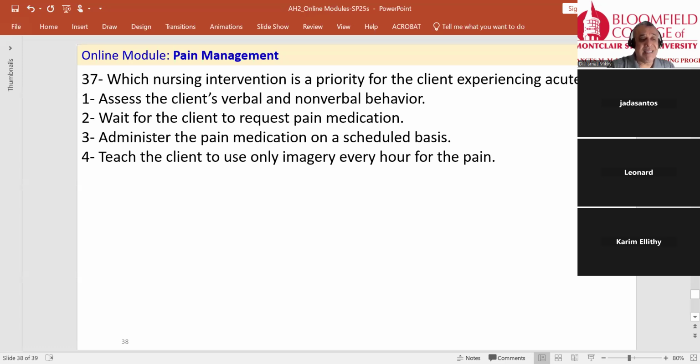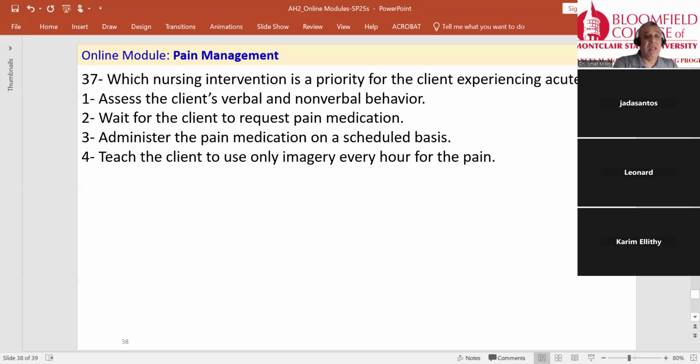Some patients are hesitant to ask, and you learn about this from other courses, that cultural factors may make them hesitant to ask for pain medication. Some patients believe it is a sign of weakness to ask for pain meds. So that's from the cultural perspective.